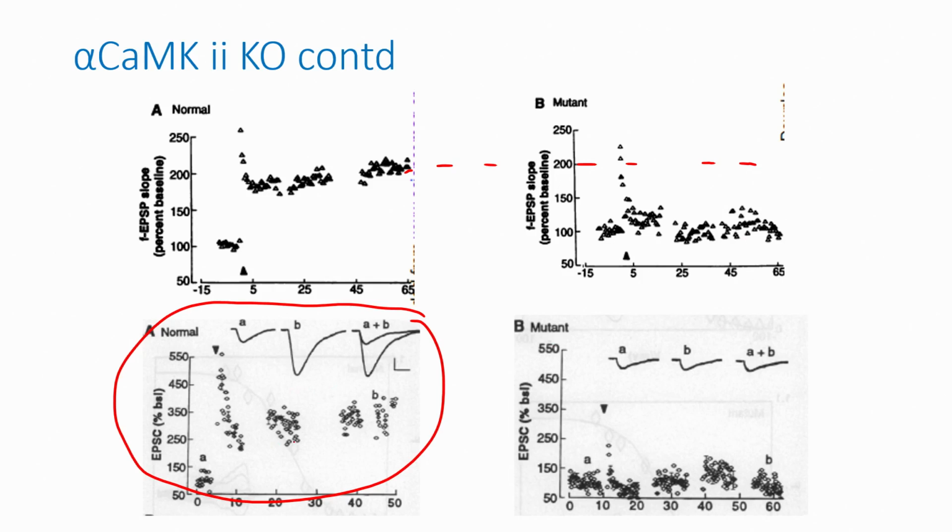What you see is that the AMPA currents, the non-NMDA currents, that got enhanced in the normal animals, we do not see that in these mutants after the induction of LTP. That is not happening there at all.